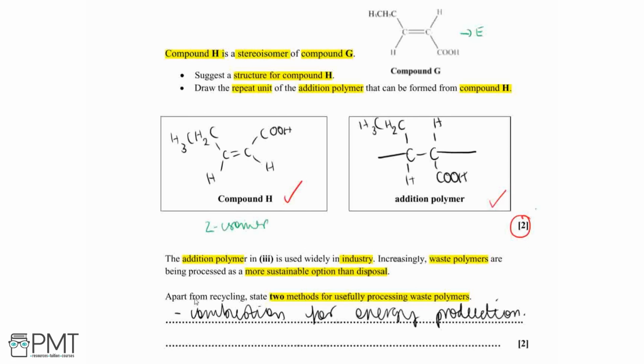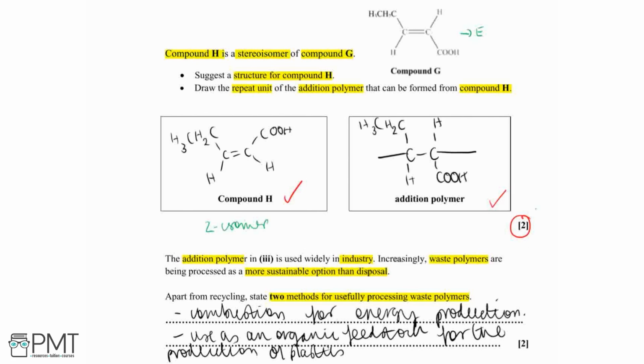So that's one method. And another method could be the use as an organic feedstock overall for the production of plastics or other organic chemicals. So the production of plastics or some other organic-based chemicals.